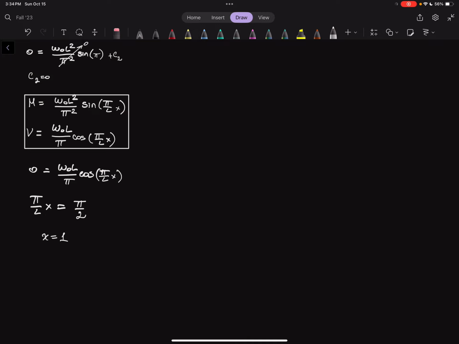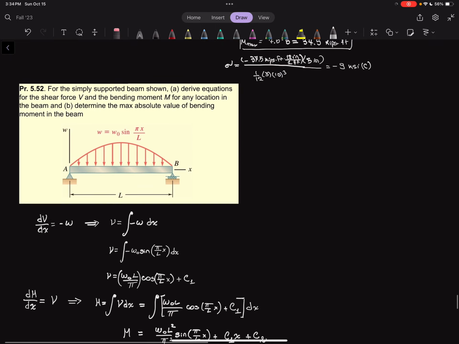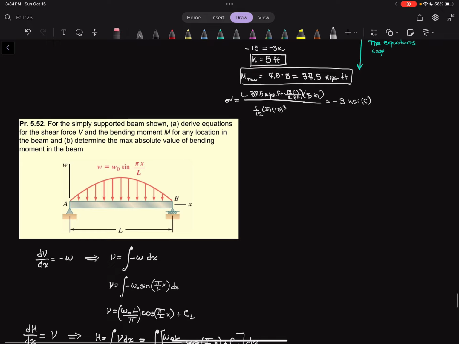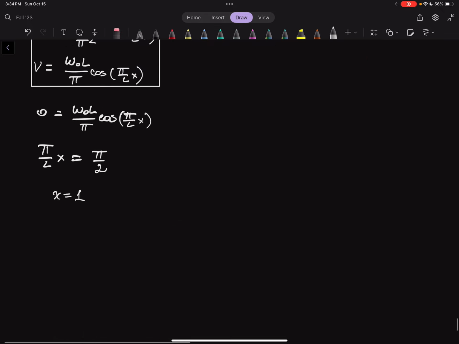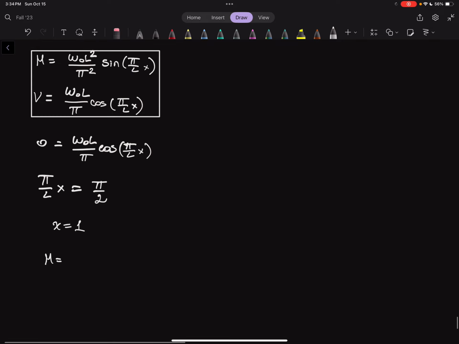So my x is equal to 1, and we don't have a length, but when that is 1, so my M, I'm going to put 1 into there, is going to be w naught L squared over pi squared times the sine of pi over L. And that should give me my maximum moment.